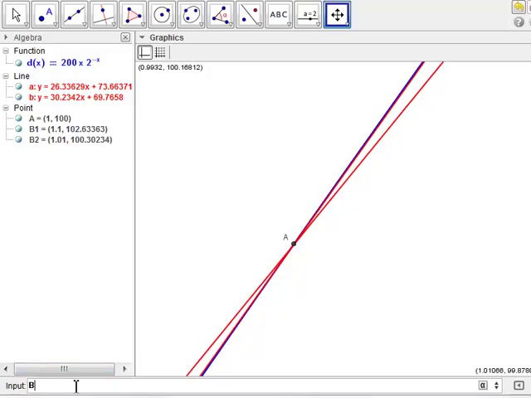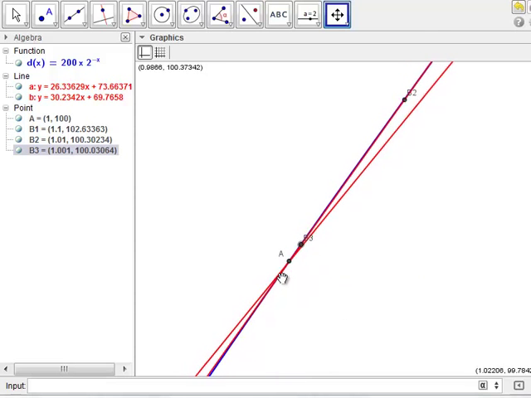So let's let B3 equal (1.001, d of 1.001). Okay, and so notice compared to B2, this is 10 times closer again.